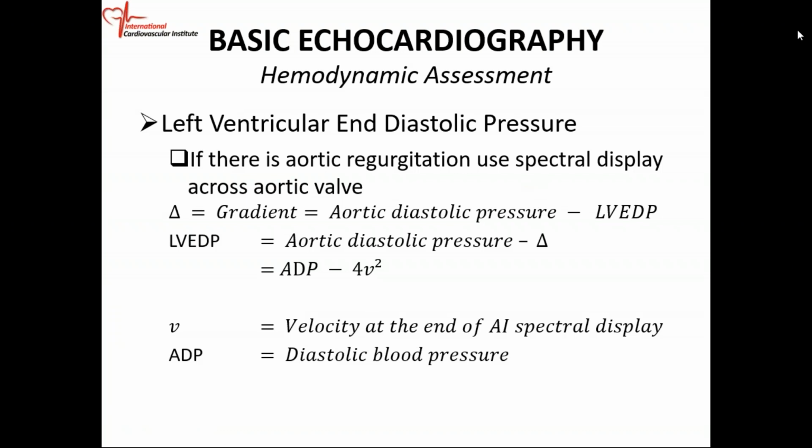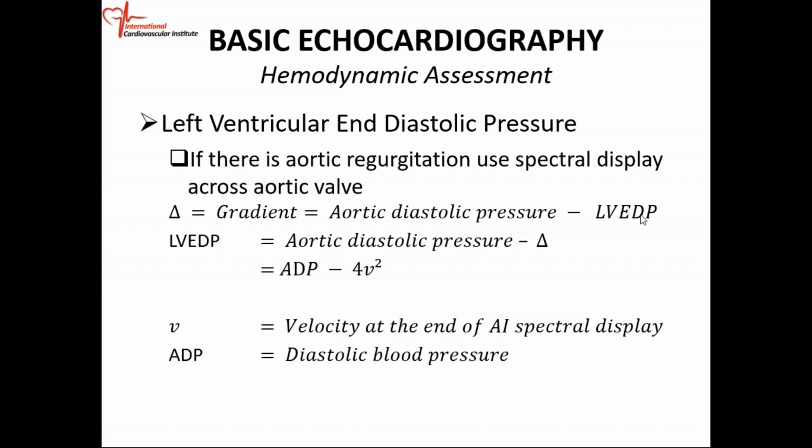So therefore, the pressure in the aorta has to be greater than the pressure in the LV for blood to flow backwards. So the gradient that is generated is equal to the aortic diastolic pressure minus the left ventricular end diastolic pressure.